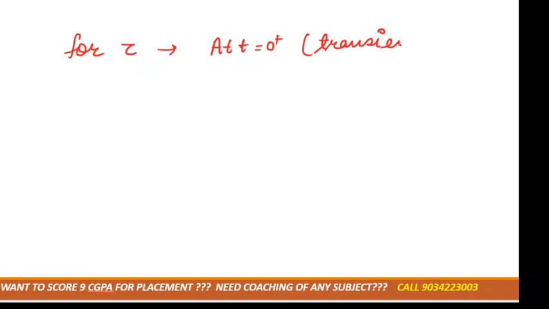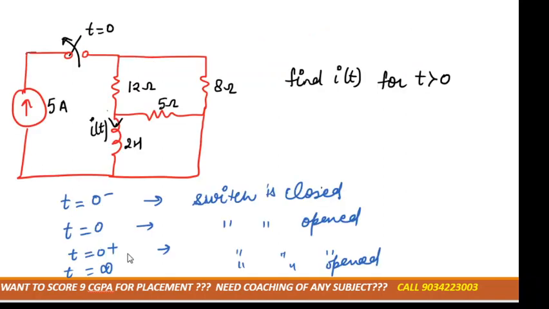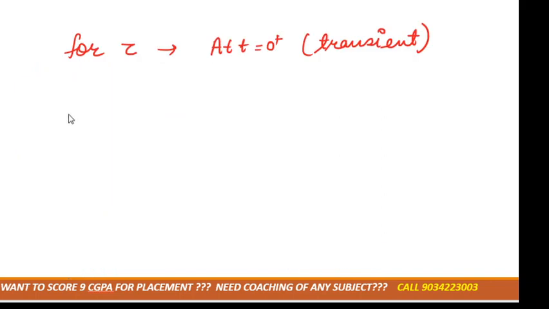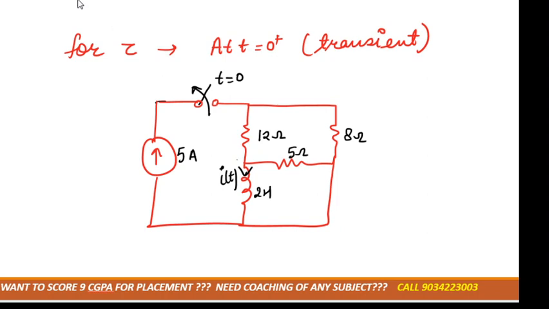Whenever we just change the switch. So when we change the switch at t equal to 0 plus, is the switch opened or closed? Opened, right? So I can redraw the diagram.